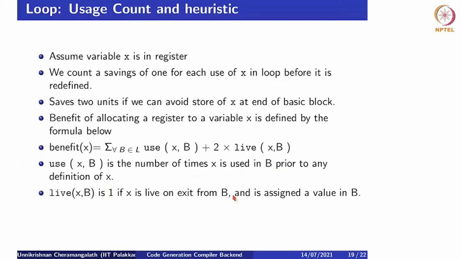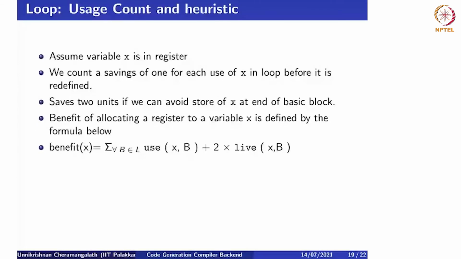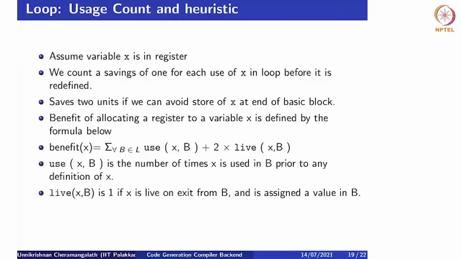So what will be the benefit for variable a in this figure? If you look at that formula, I'll go to the formula again: use is x used in b prior to any definition of x. Live(x,b) is 1 if x is live on exit from b and is assigned a value in b.